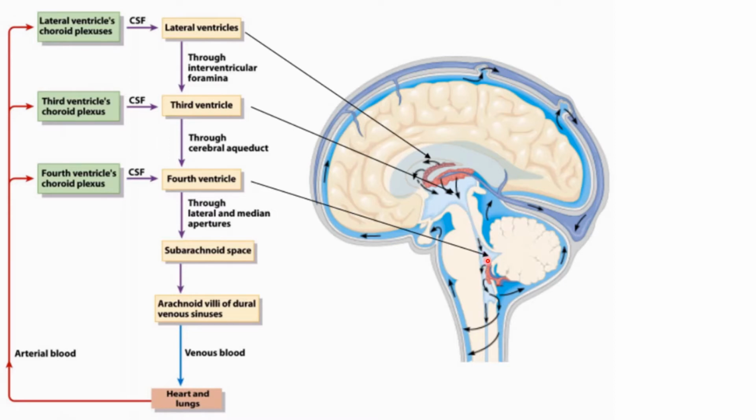From there, in addition to the CSF produced by the choroid plexus in the fourth ventricle, this will exit the ventricular system through either the foramen of Magendie or the two foramina of Luschka laterally to the subarachnoid space here, and it will circulate around, and there are the arachnoid villi, which absorb the CSF into the dural venous sinuses.